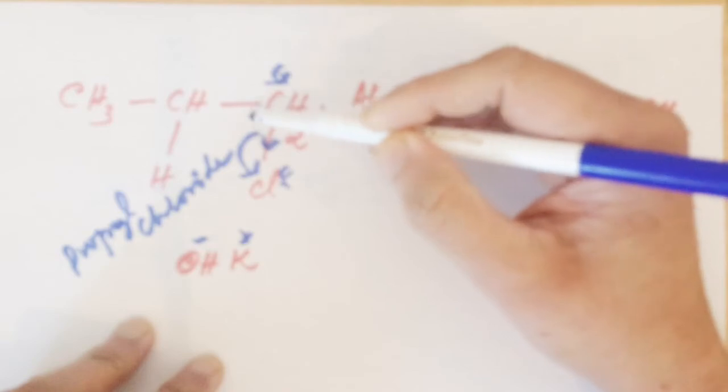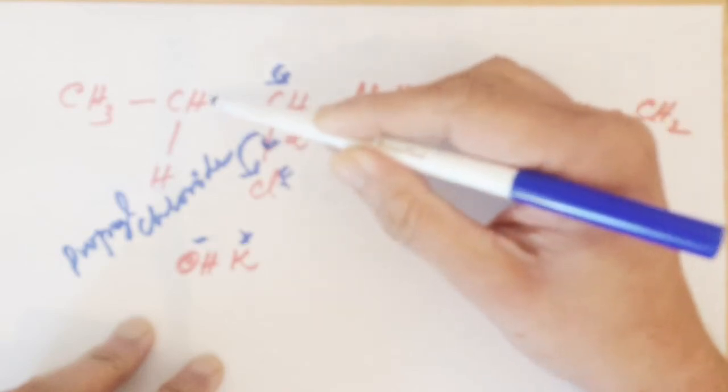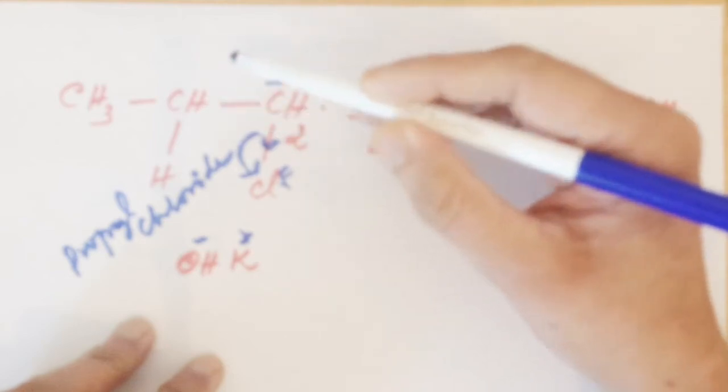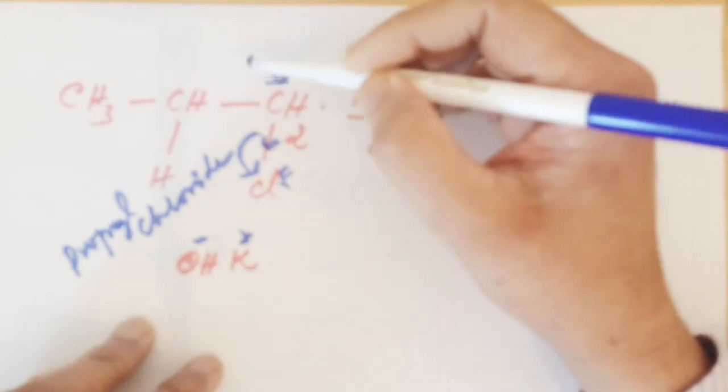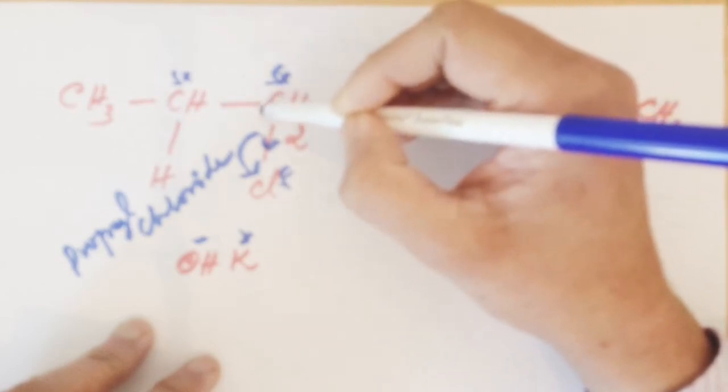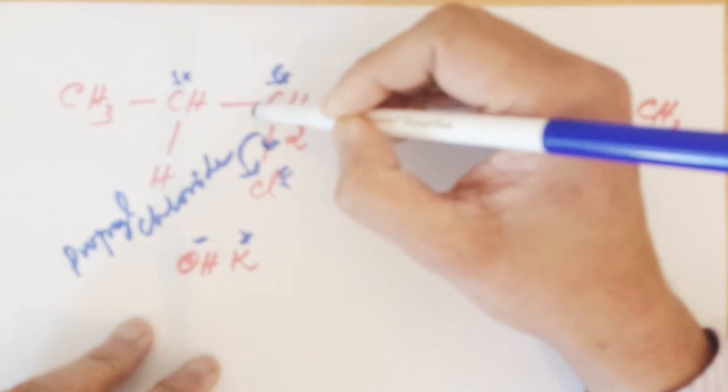So what happens due to that effect? This bond also gets slightly polarized. That means here carbon gets a slight positive charge. Because of that movement of electrons, this carbon might have a slight negative charge.